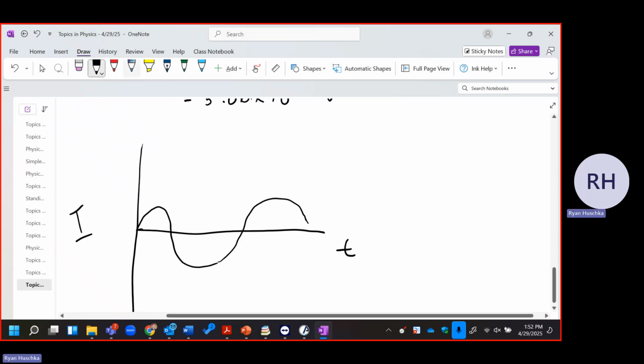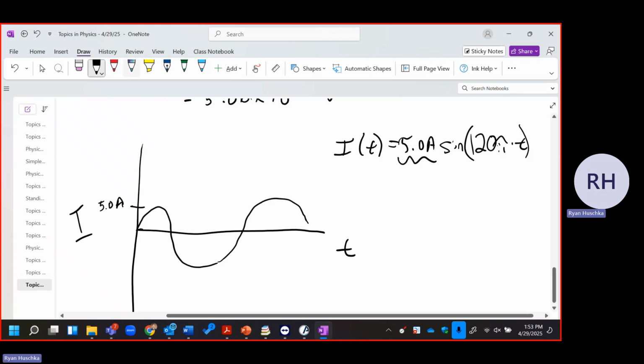Okay. So if you looked at I as a function of time, you had 5 amps times sine of 120 pi times t. Remember, this part right there is telling you your max current, so it's saying this value right here, 5.0 amps.